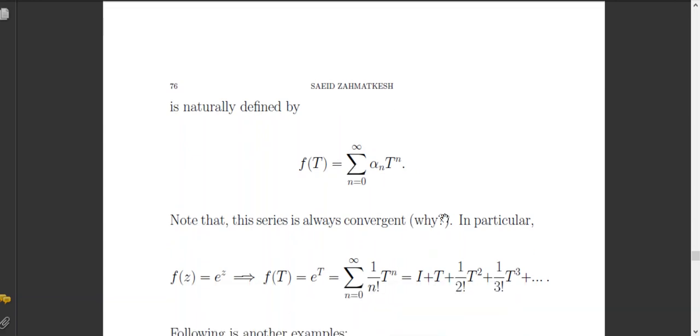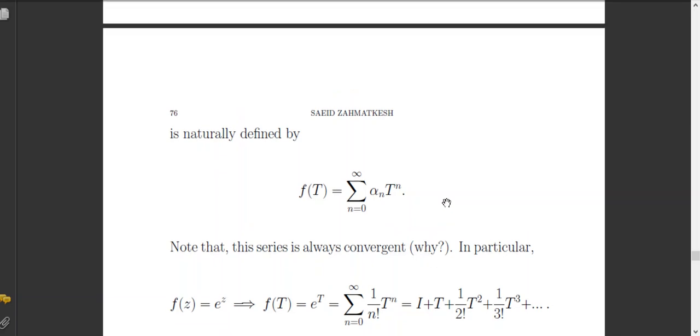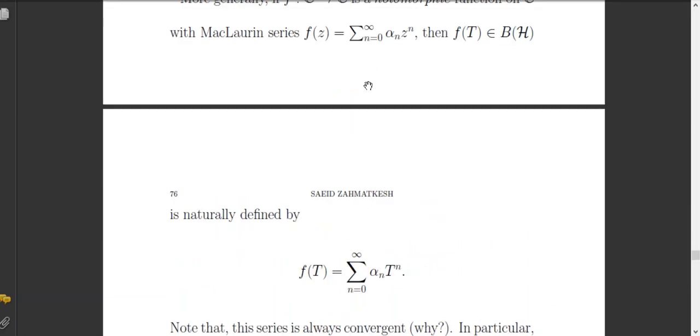I leave it to you as an exercise to figure out. But do not worry. If you are not familiar with this discussion from complex analysis, you don't have to figure it out. You just bear in mind that in this case, this is how we define f of T.